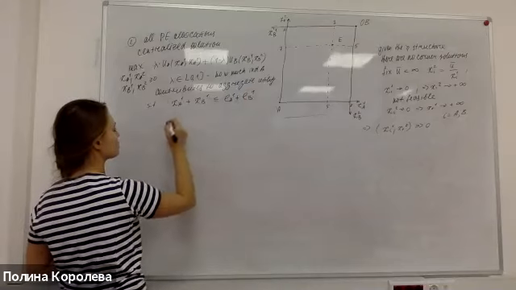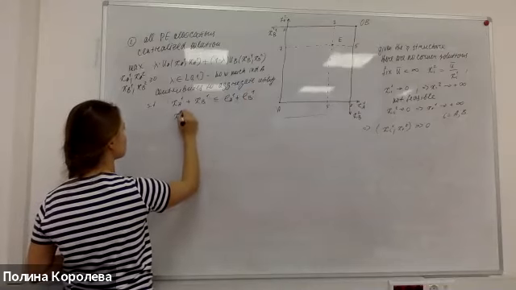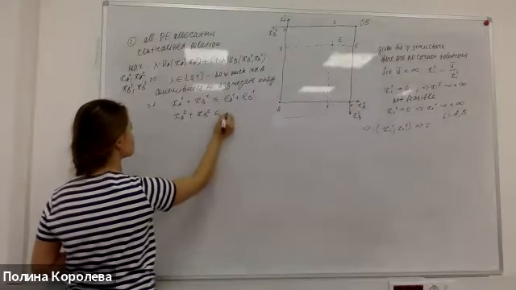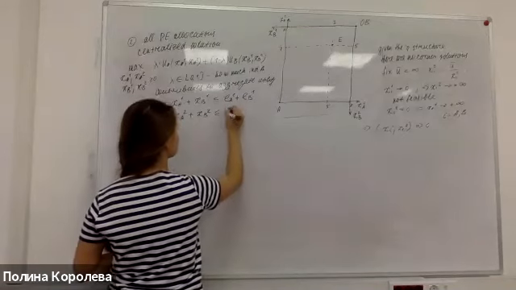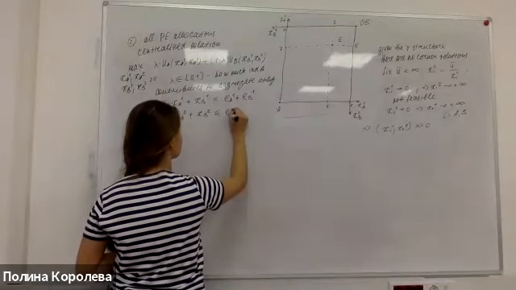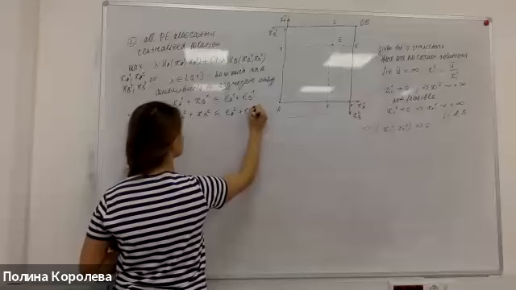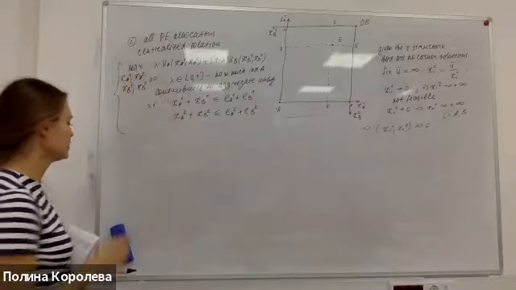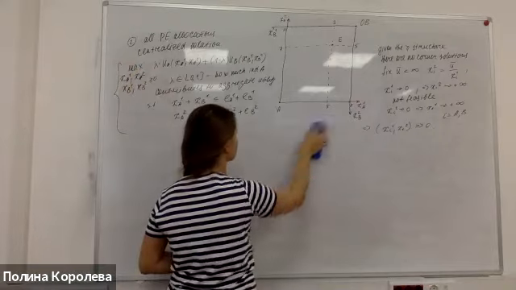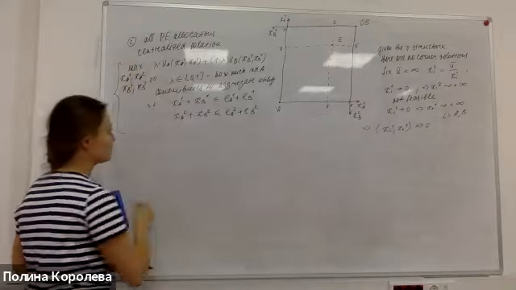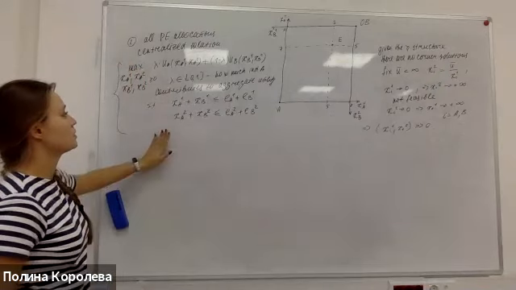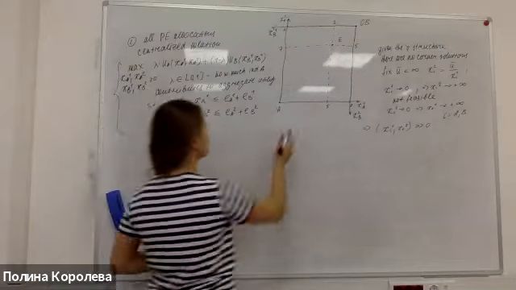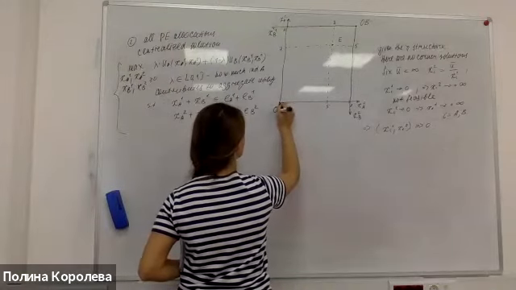And for good 2, the same feasibility constraint: XA2 plus XB2 less or equal than the endowment of this good. So this is the maximization program of the social planner. Notice that there are no prices in this maximization program, only optimal distribution.